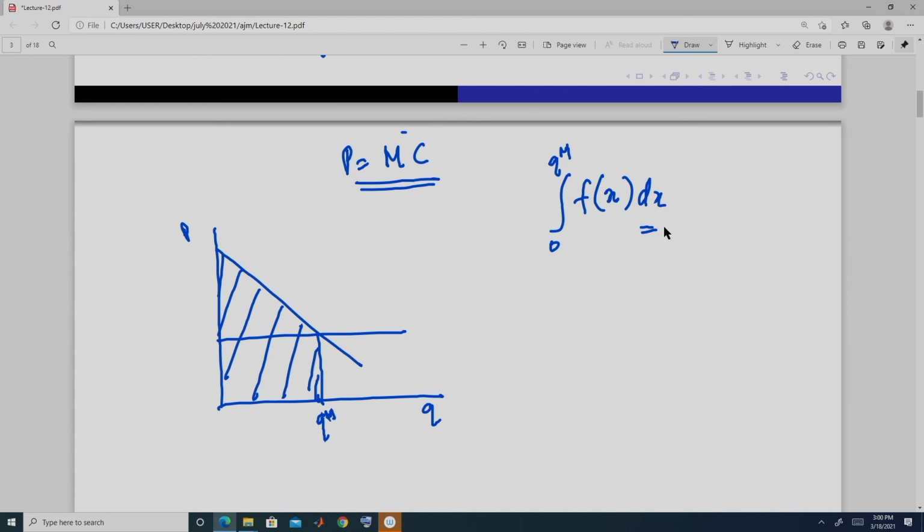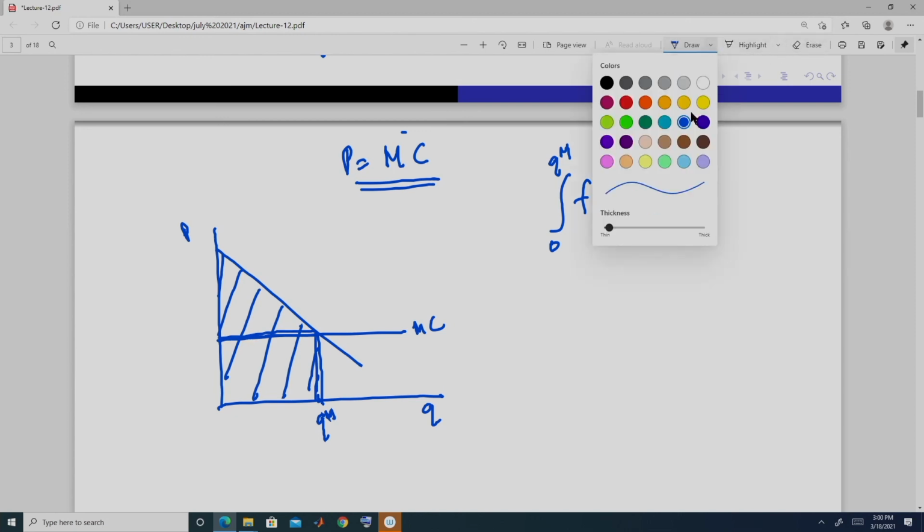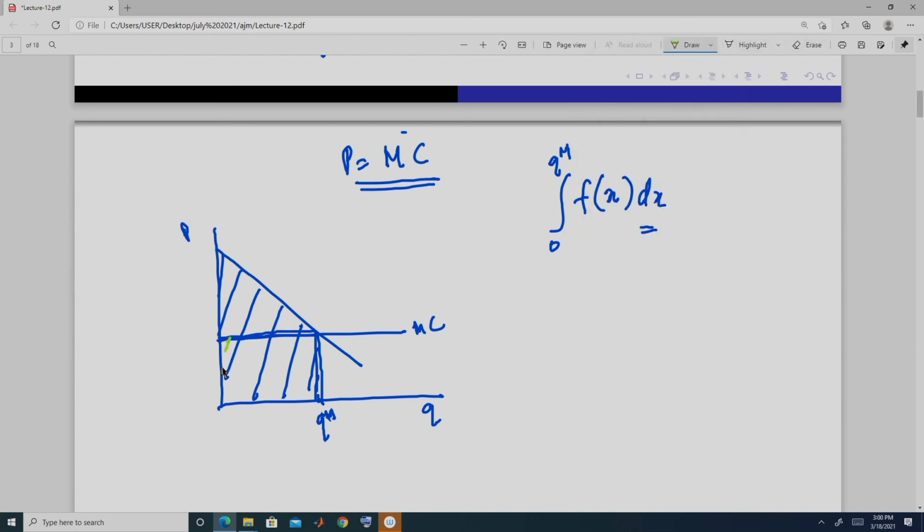Here, this is the marginal cost, so this green region, the area under the marginal cost, is the total variable cost.